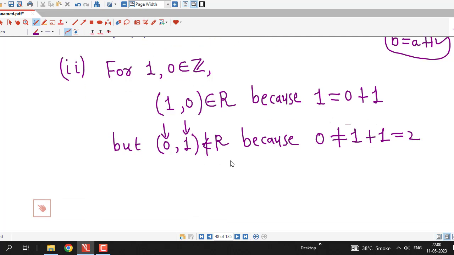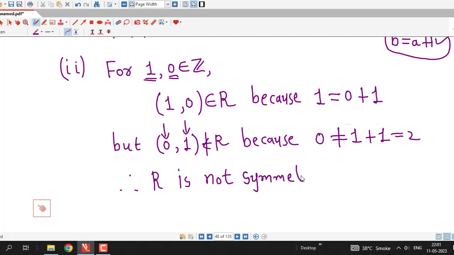Therefore (0, 1) is not in R. So we have obtained two elements 0 and 1 in the given set of integers such that (1, 0) belongs to R but (0, 1) is not in R. This implies that R is not symmetric.